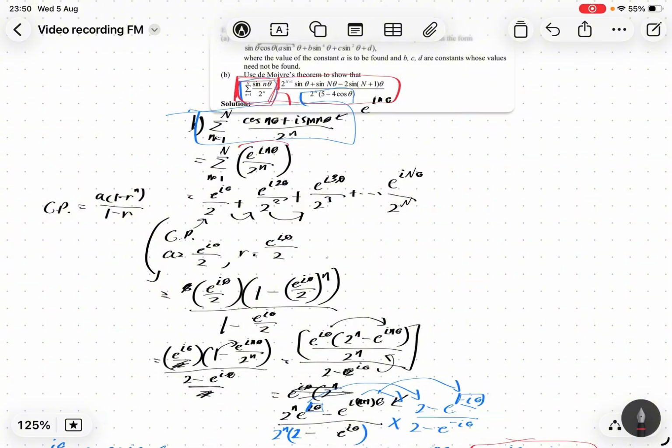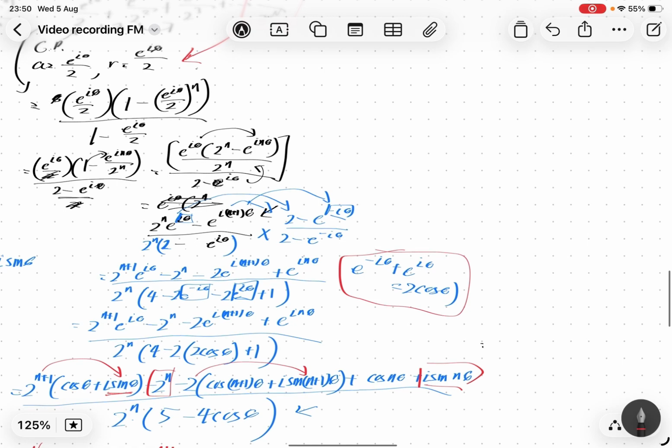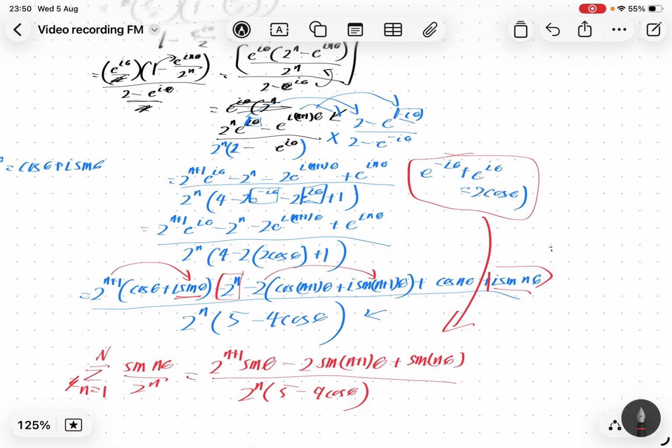You convert to De Moivre's so that you can split it into real part and imaginary part, and then you convert to exponential so that you can work it easier by converting it into a geometric progression, and then you continue converting it, and then you convert back to trigonometries. Separate the ones with the i's, because the ones with the i's are the imaginary parts, and the ones without i's are the real parts.